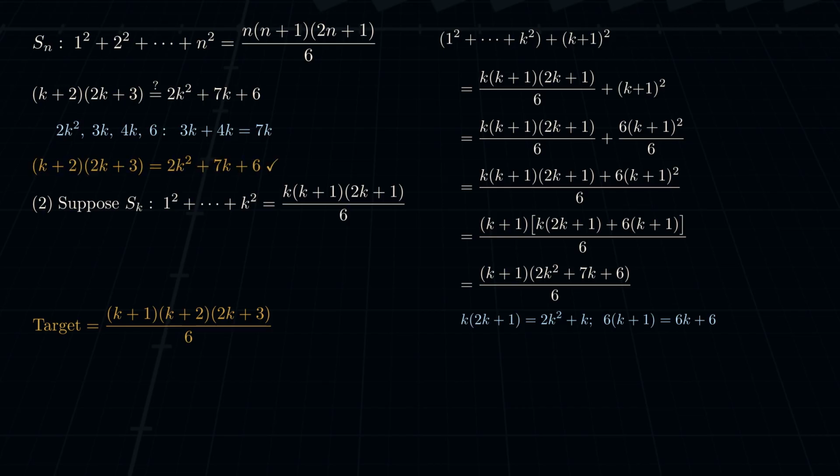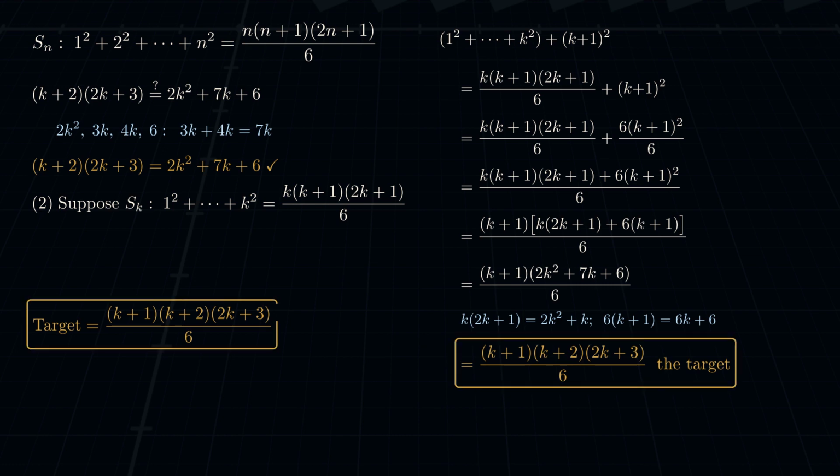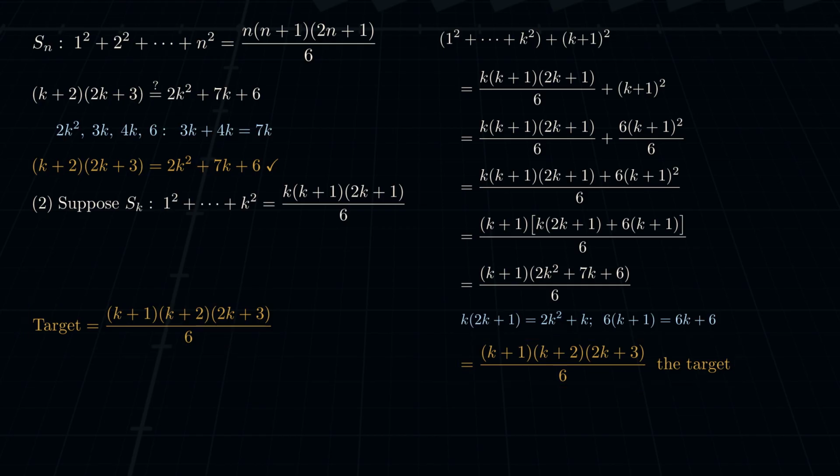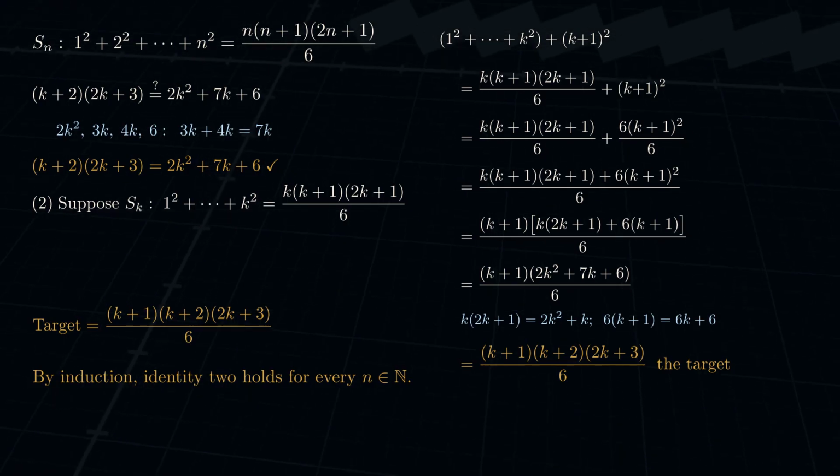Yes, it is the same. So our top is k plus 1 times k plus 2 times 2k plus 3 over 6. That is the target. S k plus 1 holds. By induction, identity 2 is true for every natural number n.